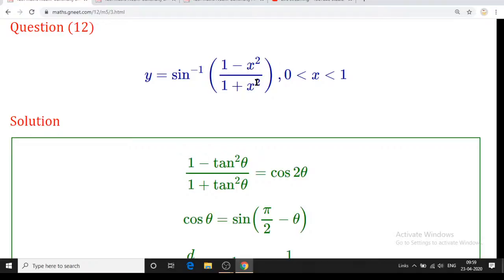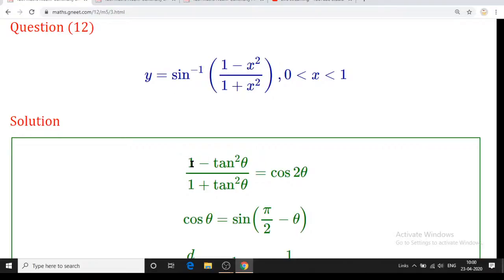But cos theta, we know already in 10th standard we have studied, can be represented as sine of pi by 2 minus theta. And if this angle, pi by 2 minus theta, or here it will be 2 theta, whatever we get, lies in the interval from minus pi by 2 to pi by 2, then we can use sine inverse of sine theta as theta.